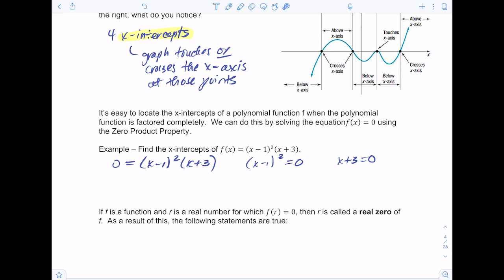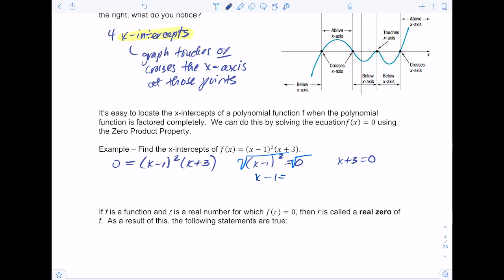So if you solve this, it's already set up so that one quantity is being squared. So how do you undo a square? You take the square root of both sides. And if I take the square root of both sides, what am I left with? x - 1 equals, normally you get a plus or minus when you take the square root of both sides of an equation, but plus or minus the square root of 0 means nothing, right?